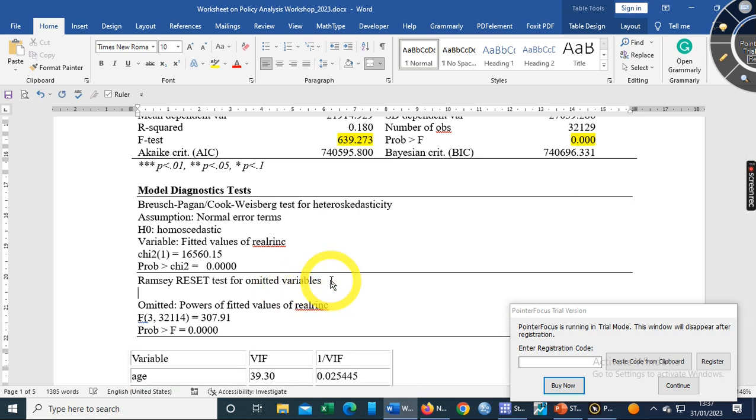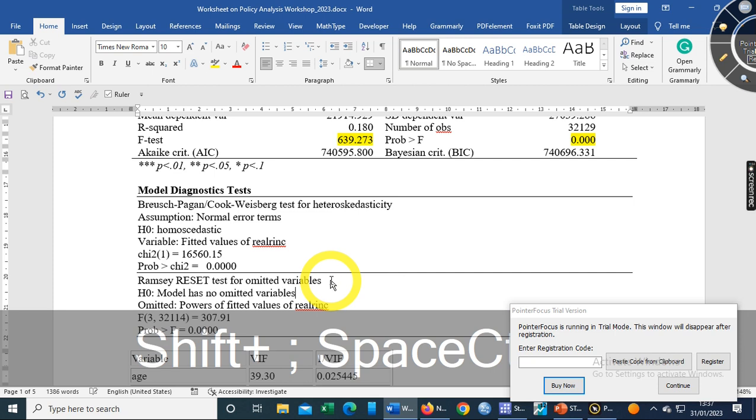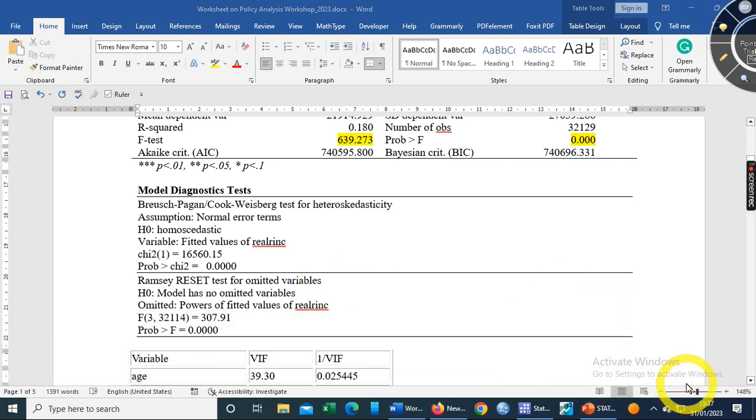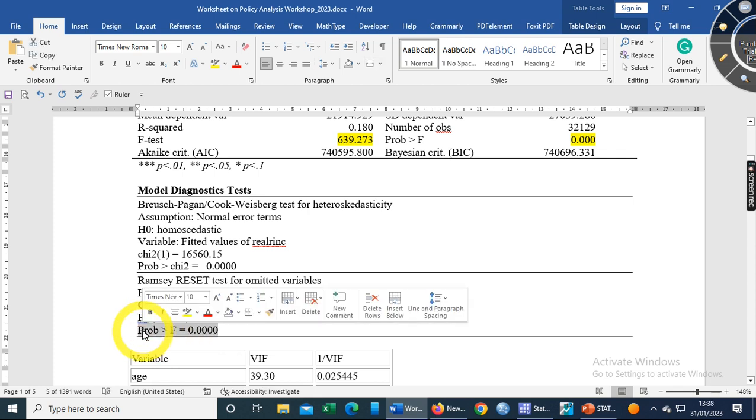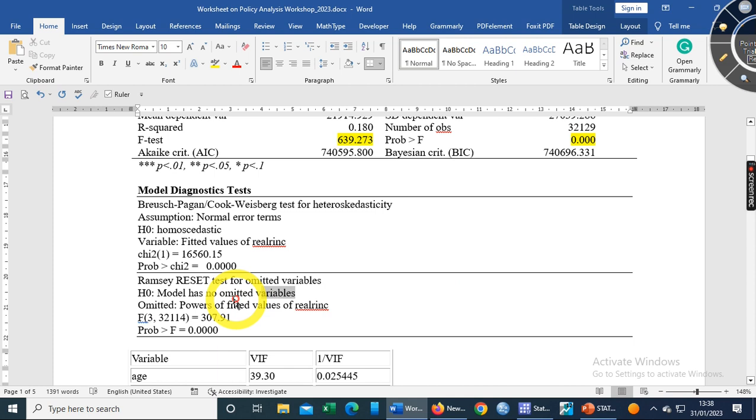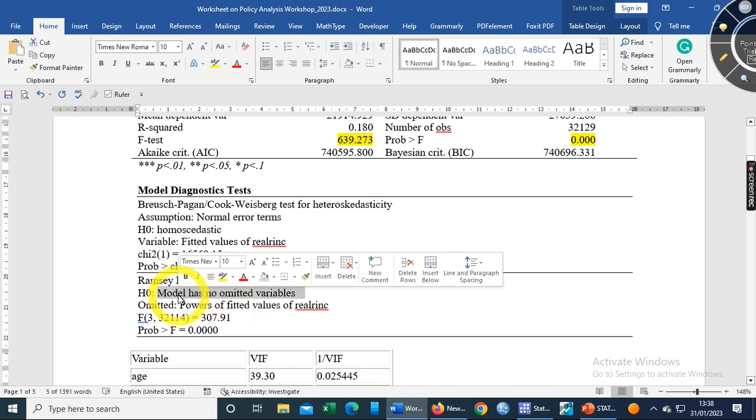Therefore, we have a null hypothesis which states that the model has no omitted variables, but the F statistic and its corresponding p-value inform us to reject this null hypothesis. We have solid evidence to reject it. The conclusion is the model has omitted variable bias.